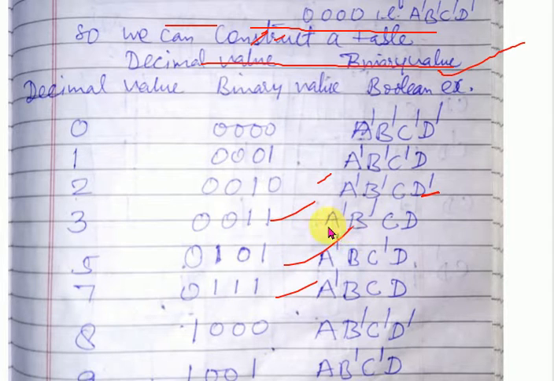That means a dash, second b dash, third one c and fourth one d. Similarly decimal value 5 can be represented as 0 1 0 1, and in the Boolean min term form, a dash b c dash and d.